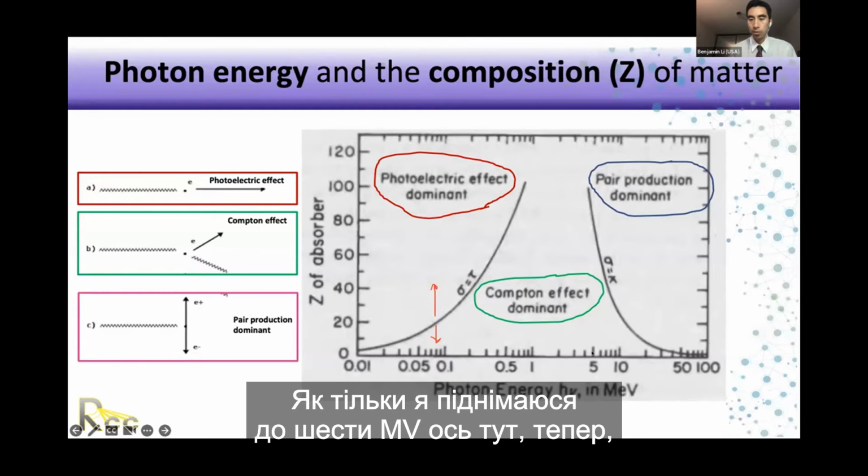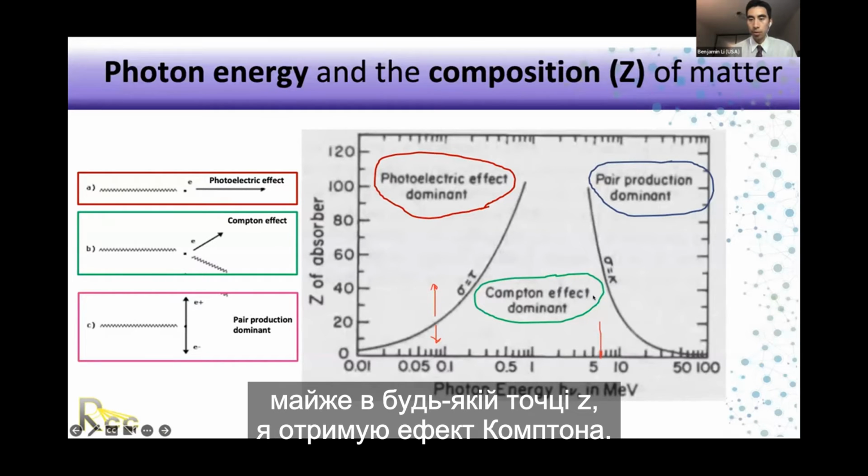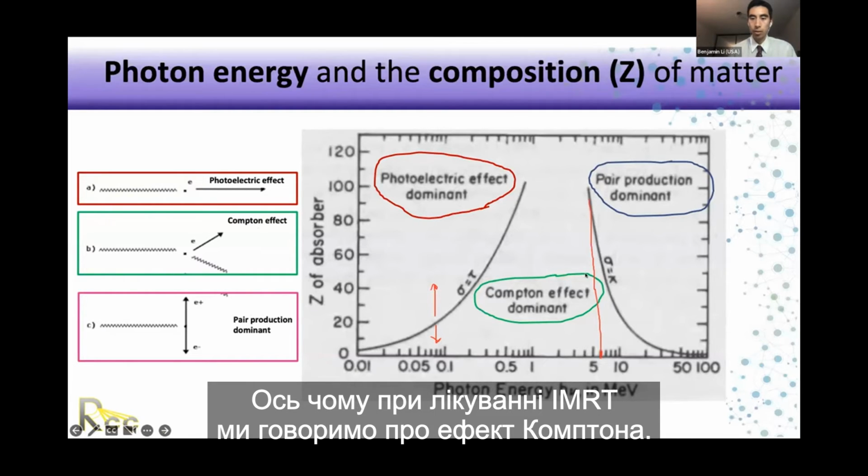Once I get up to 6 MV over here, now almost across any Z, I'm getting the Compton effect. So that's why for IMRT treatment, we're really talking about the Compton effect.